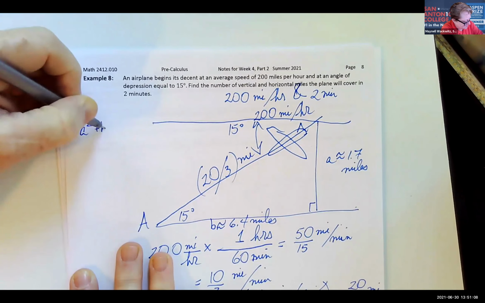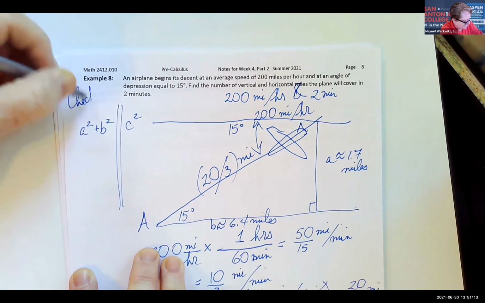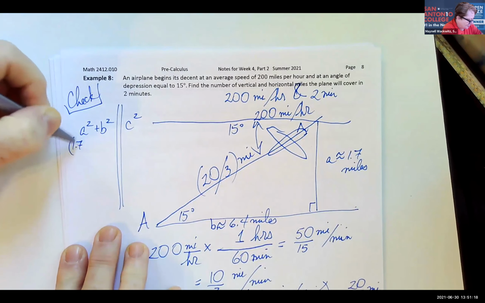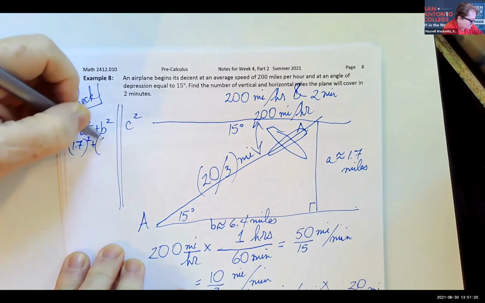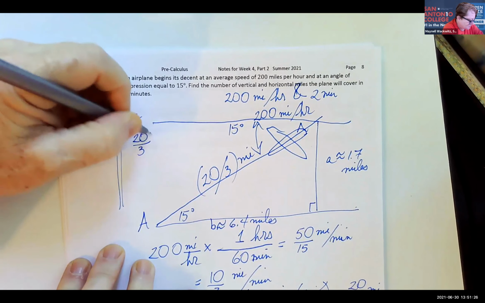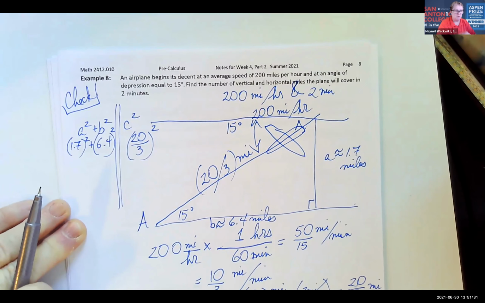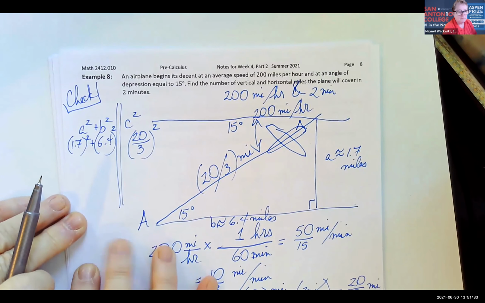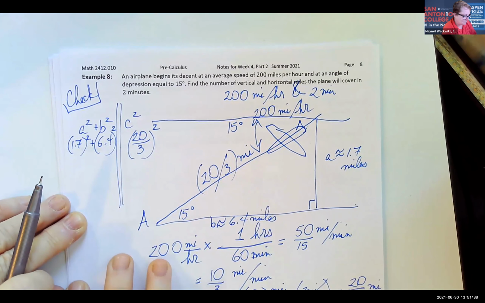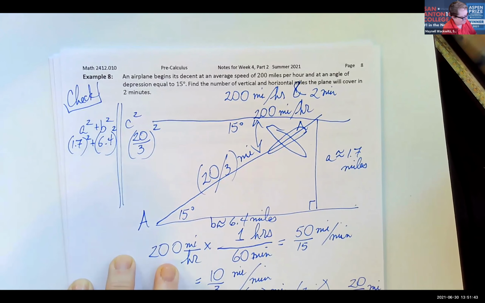A squared plus B squared should be the same as C squared. A is 1.7. B is 6.4. C is 20 divided by 3. What is 1.7 squared? Let's use 2 decimal places for a few minutes. 2.89.